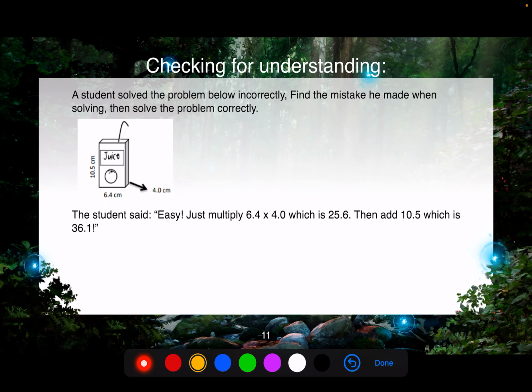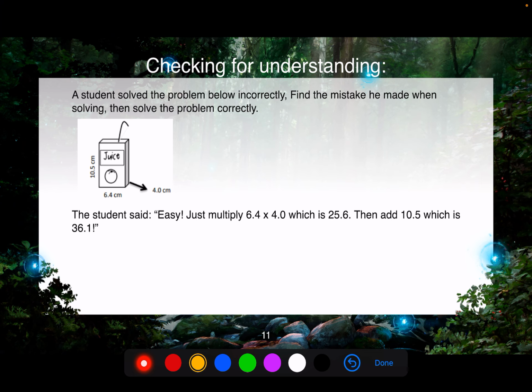Okay, so check for understanding. A student solved the problem below incorrectly. Find the mistake he made when solving, then solve the problem correctly. So it says, the student said, easy, just multiply 6.4 times 4.0, which is 25.56. Then add 10.5, which is 36.1.